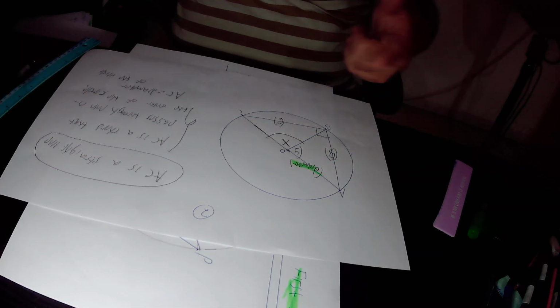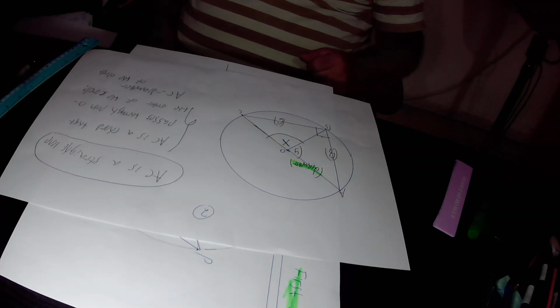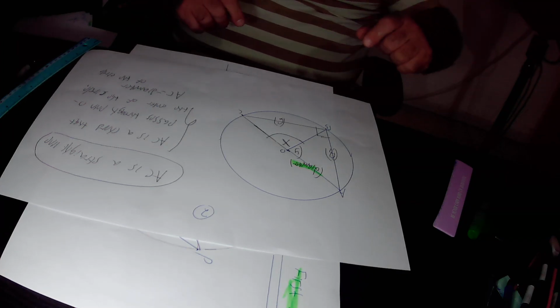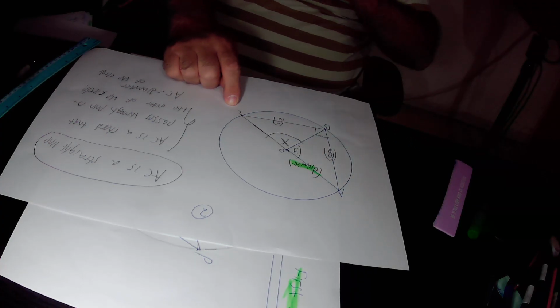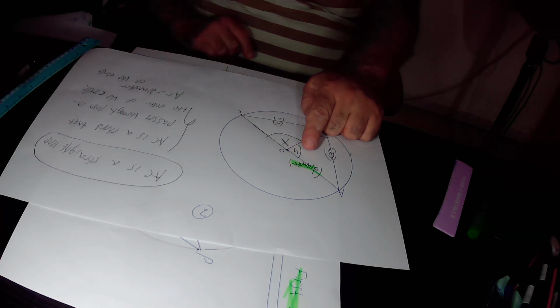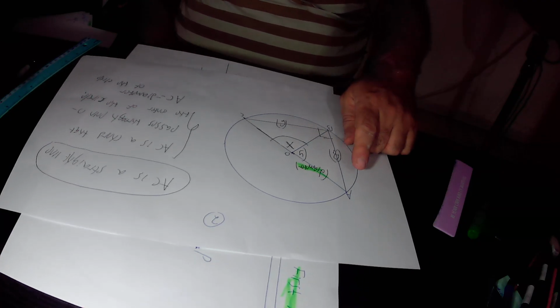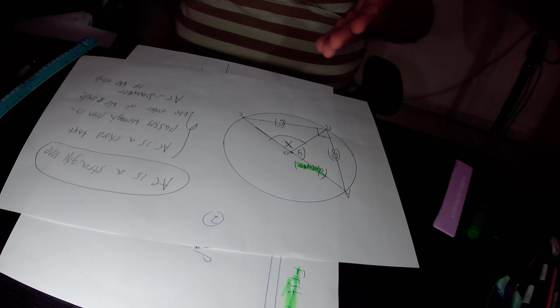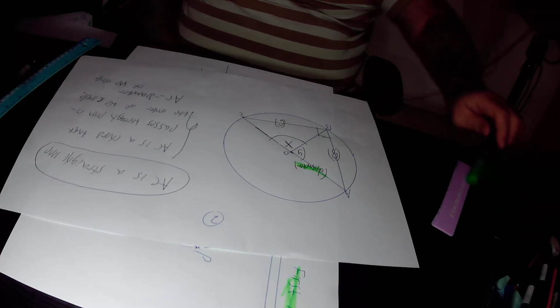But AC is a straight line that touches the circle at 2 points, A and C. Therefore, AC is a chord that passes through point O, the center of the circle. And we know that any chord that passes through the center of the circle must be the diameter of the circle. Therefore, chord AC must be the diameter of the circle. Again, AC is the diameter of the circle.